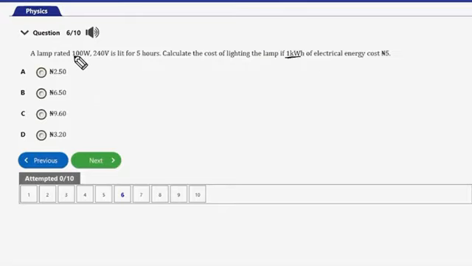So 100 watts, which is 0.1 kilowatts, times the time in hours to get it as 0.5 kilowatt hour.